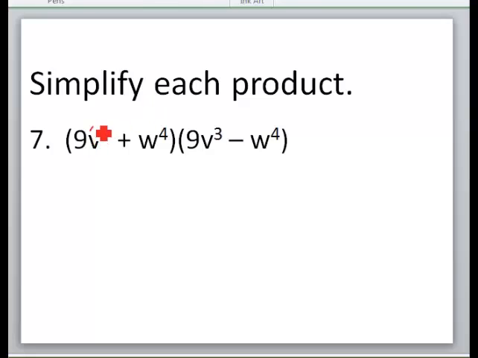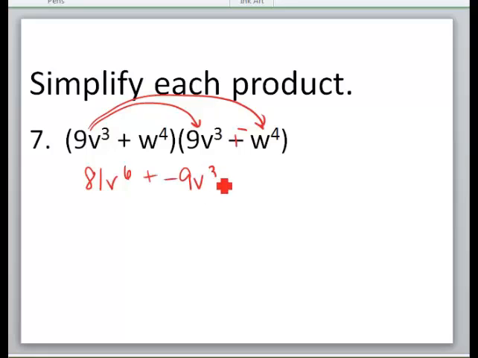I've got 9v cubed times 9v cubed. Those are my first terms being multiplied together. That's 81v to the sixth. Outer terms, or just distributing this 9v cubed, like I said, to both the terms in the second set of parentheses. I end up getting a negative 9v cubed w to the fourth. Now I'm going to distribute w to the fourth through.